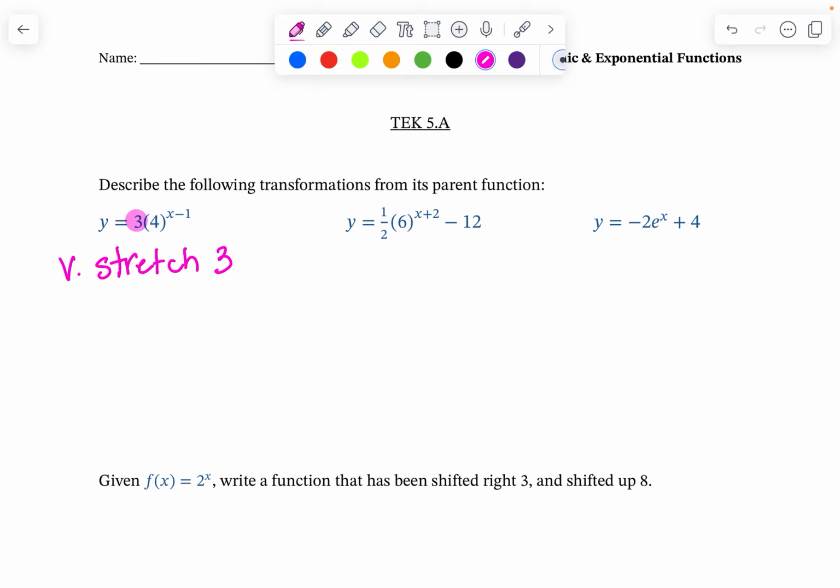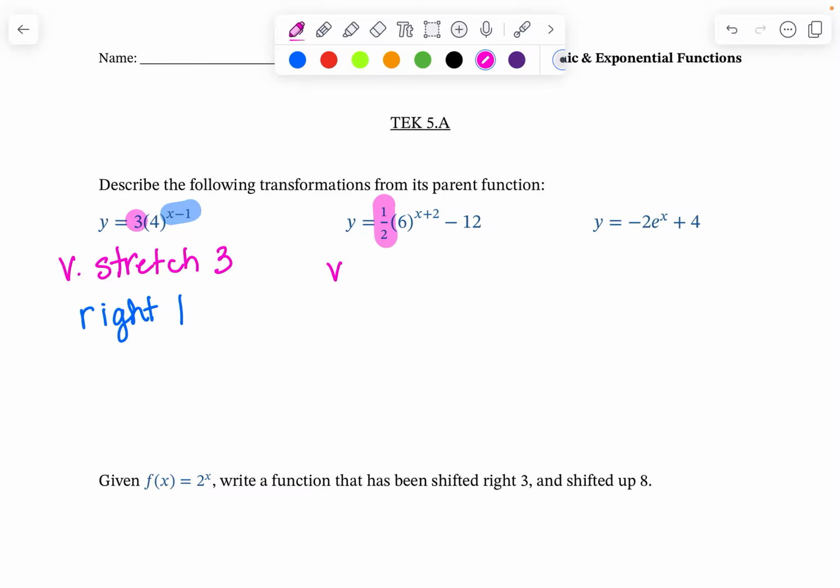So let's do this next one. So we are going to have a vertical stretch at 2.